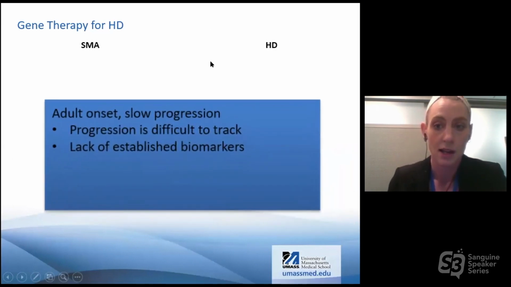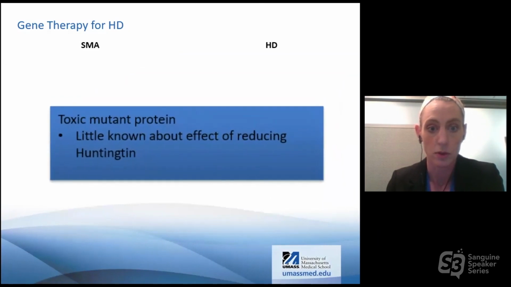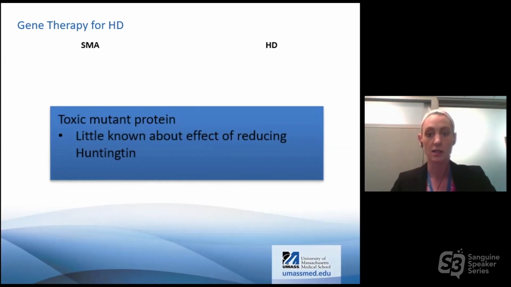So as I said, HD has an adult onset, slow progression. The progression is difficult to track, and there's a lack of established biomarkers. For the toxic mutant protein, there's very little known about the effect of reducing huntingtin.